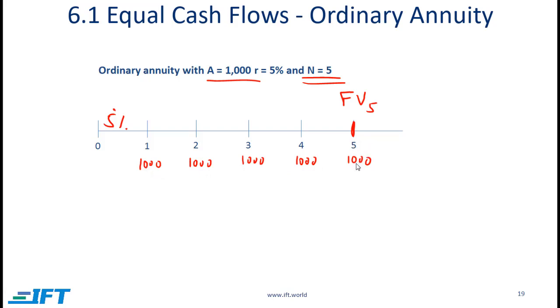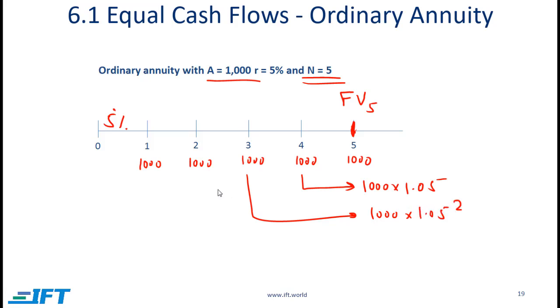This cash flow of 1000 at the end of 5 years is obviously 1000 at this point in time. The 1000 that you receive over here will be compounded one period. So this would be 1000 into 1.05 compounded once. This is going to be 1000 into 1.05 squared.